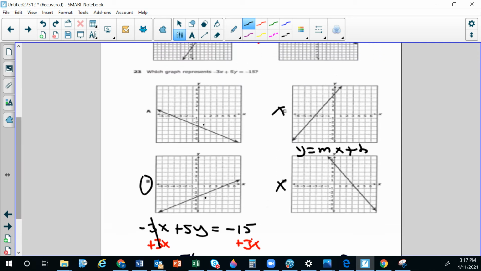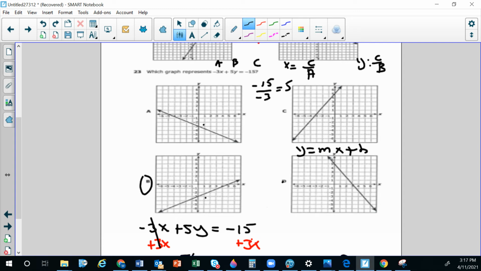If you remember, this is my A, that's my B, and that's my C. The x-intercept is C over A, and the y-intercept is C over B. C over A is going to be -15 divided by -3, and that is 5.